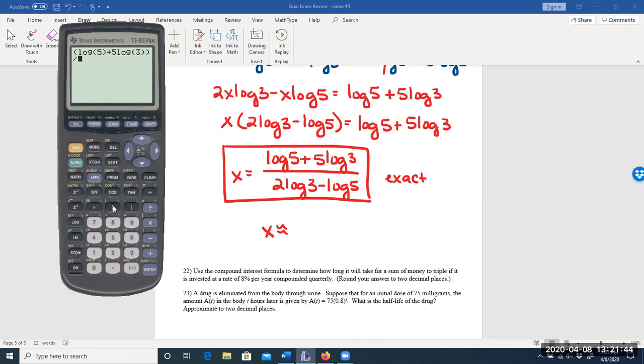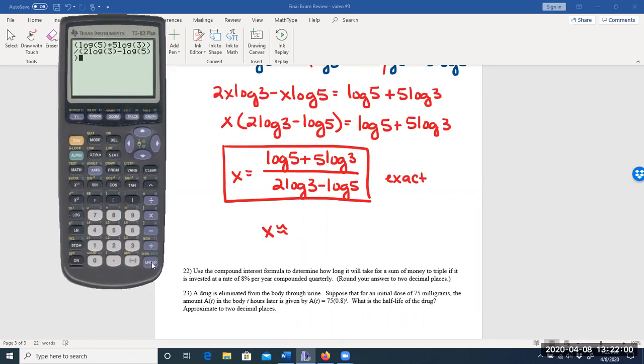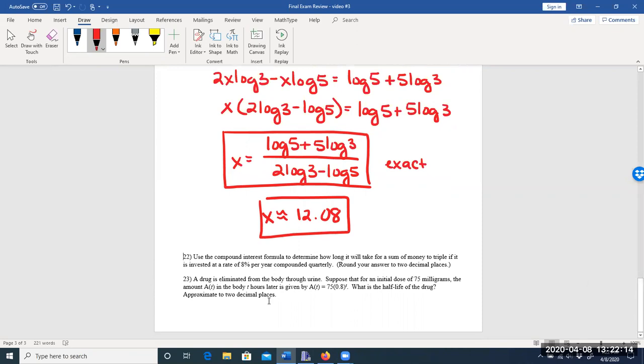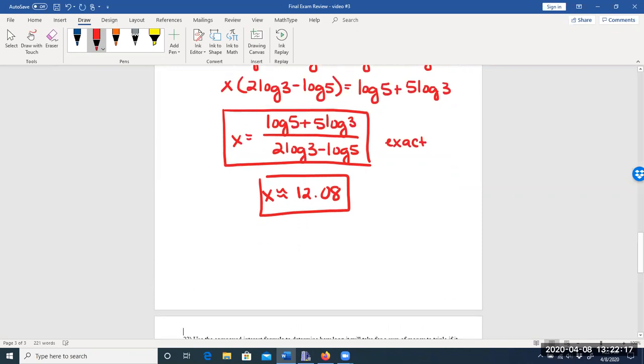Then divided by parentheses 2 log of 3, close parentheses, minus log of 5, close parentheses twice. So we get, it's about 12.08. All right, got just 2 more.